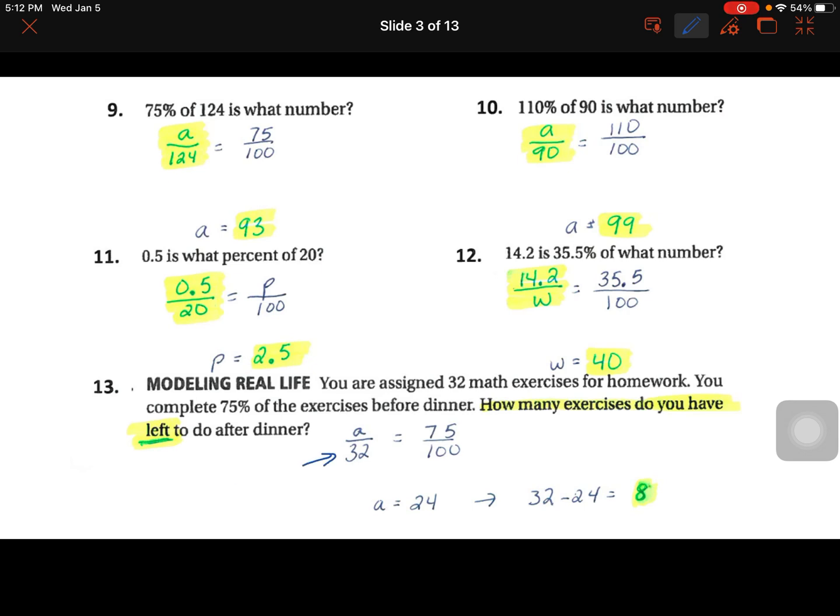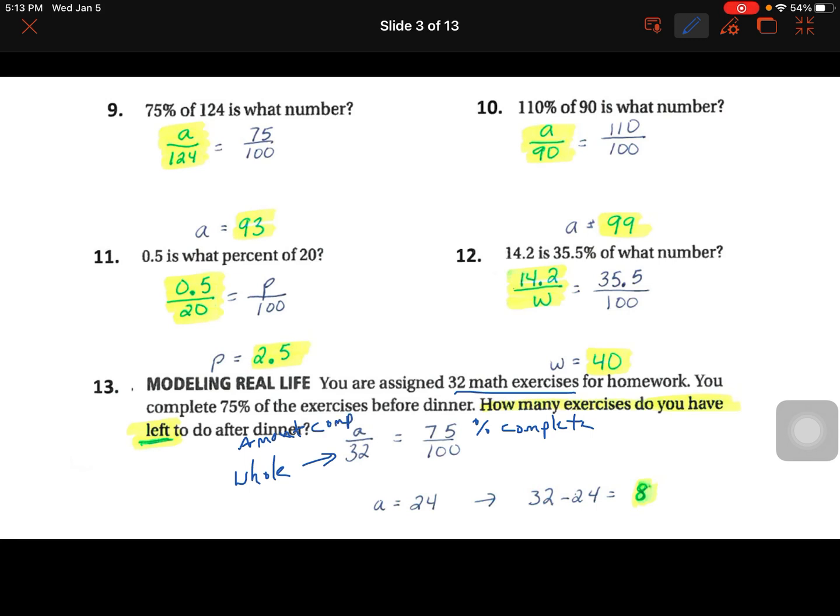The whole was 32. When you're dealing with a story problem, you're looking for, is this the whole? This is the percent that the students completed, which makes this the amount, the A, since you're trying to find that. This is the amount that you've completed.